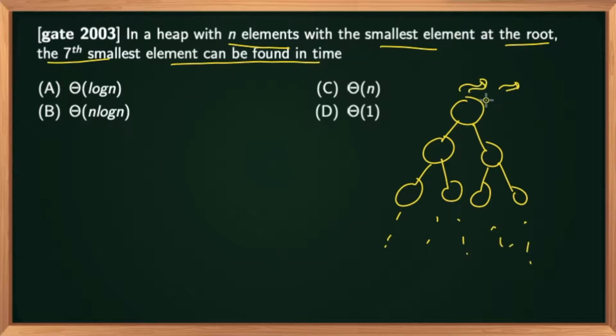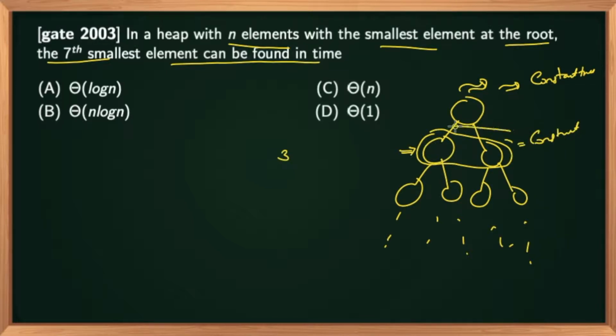You know that the first smallest element will be at the root, so you can do that in constant time, and the second smallest element will be at depth 1. So here you basically have to compare these two elements, whatever the size of the heap. So again it is constant time.